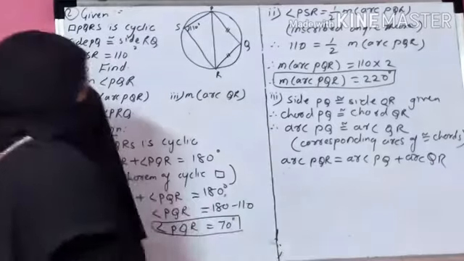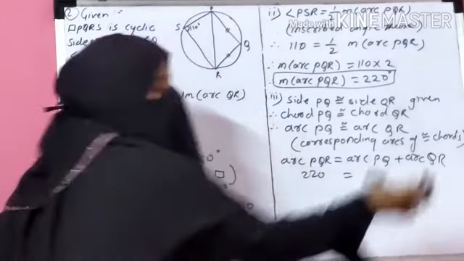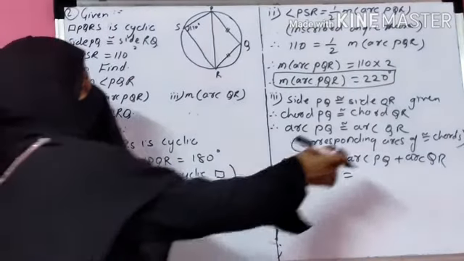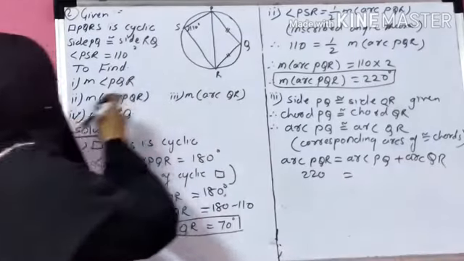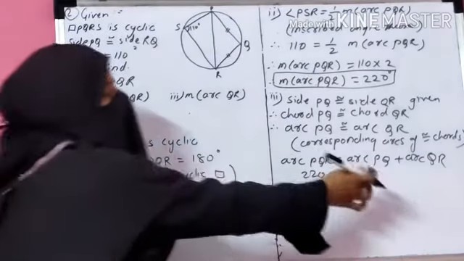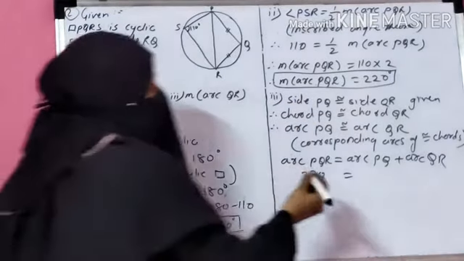Okay. So arc PQR you get the value of 220 degrees, and arc PQ and arc QR both are equal. So in place of PQ you can write QR, as the measures of both the arcs are equal.